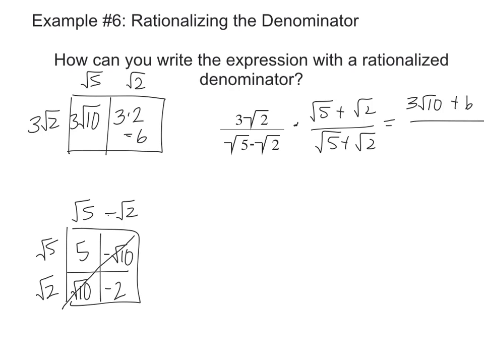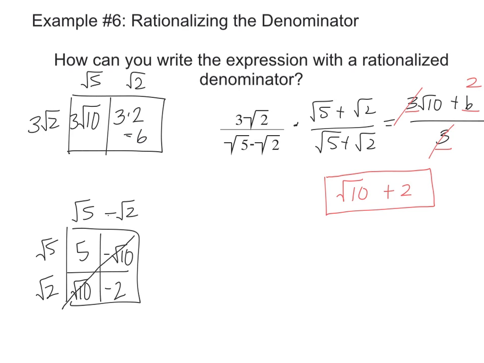And what's left is 5 minus 2, which is 3. Now, the final thing that we need to recognize here is that 3, 6, and 3 are all divisible by 3. So we can divide all of those numbers by 3, and we will be left with the square root of 10 plus 2, and that's it.